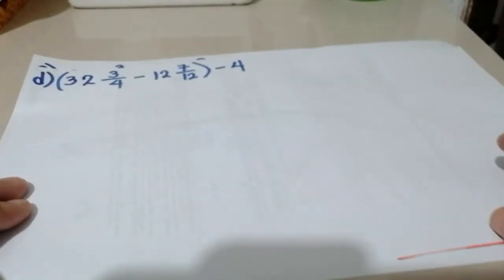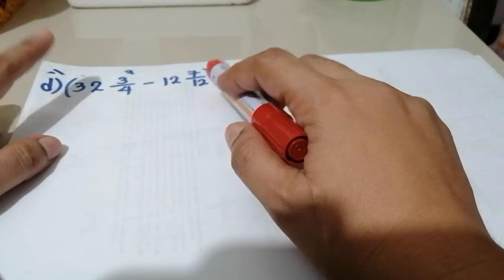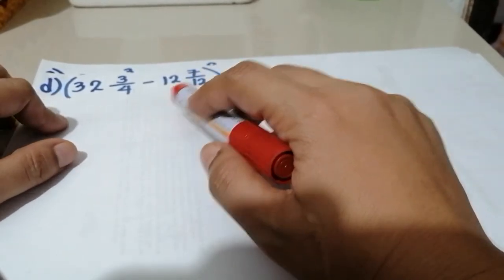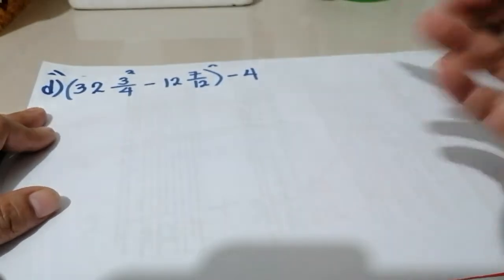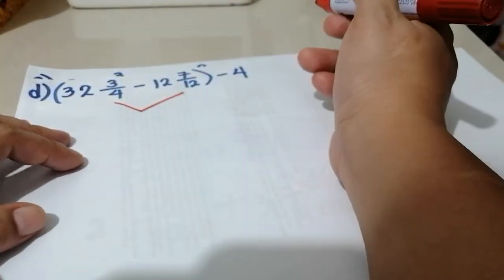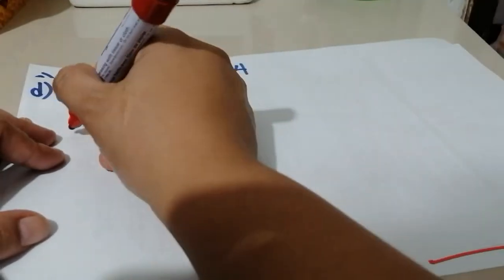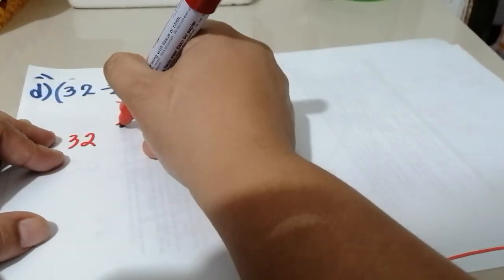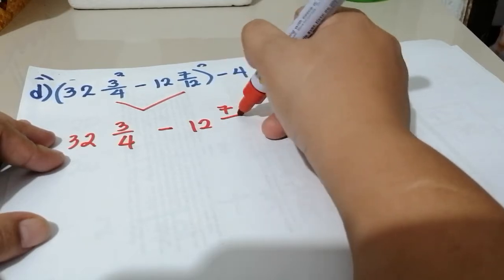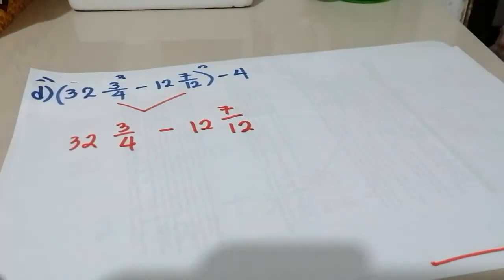is this one. Ngayon, this one, it's inside the parenthesis. So, uunahin natin yung nasa loob ng parenthesis bago natin isusubtract yung 4. Okay? So, again, hindi na naman pareho yung denominator. So, we need to make the denominator the same. So, this will be 32, 3 over 4 minus 12, 7 over 12.